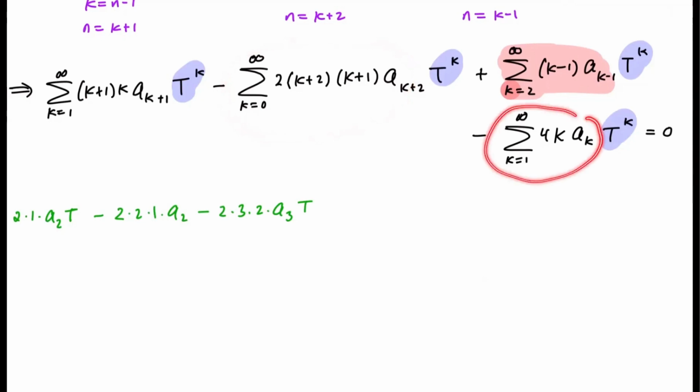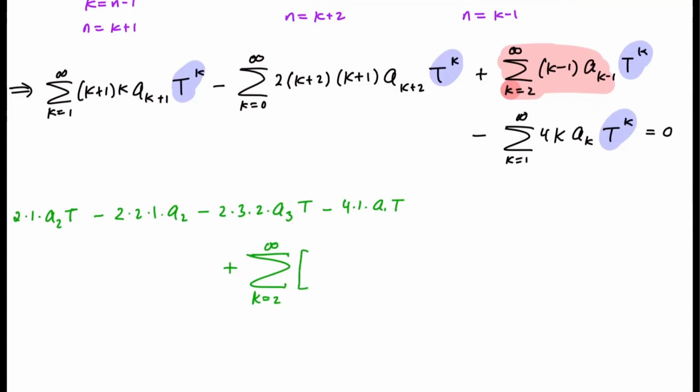This one we write out 1 term when k equals 1. So we have minus 4 times 1 times a sub 1 t to the 1, plus, now we can group all of the sums into a single summation. So we'll write plus the sum starting from k equals 2 to infinity. They're all starting at the same place, so I'm going to write out all of the coefficients of k. So this one with the negative sign, and then this one, and I also factor out t to the k.